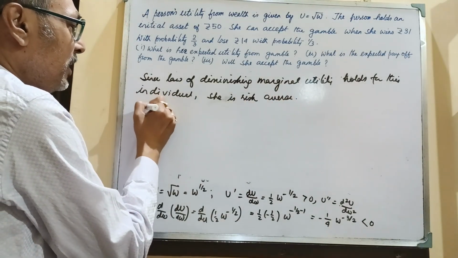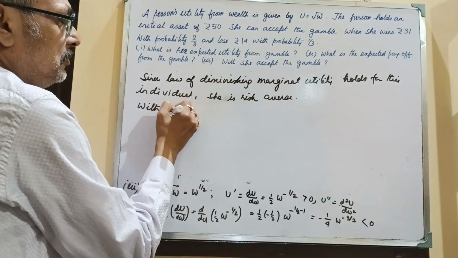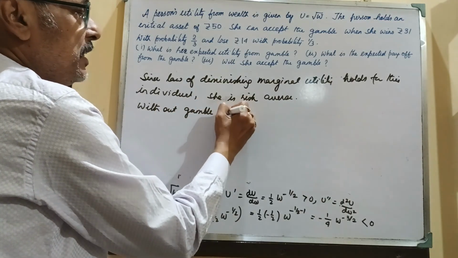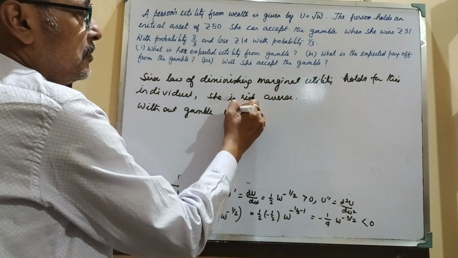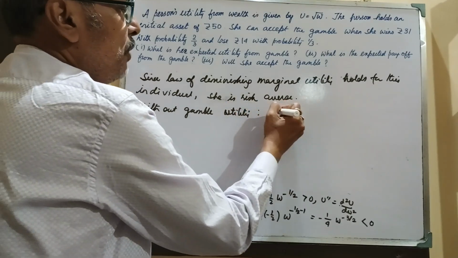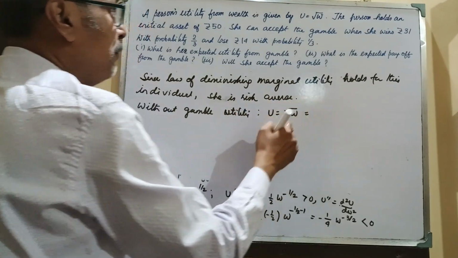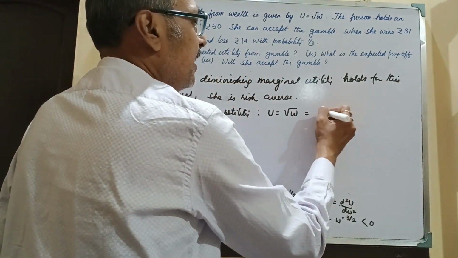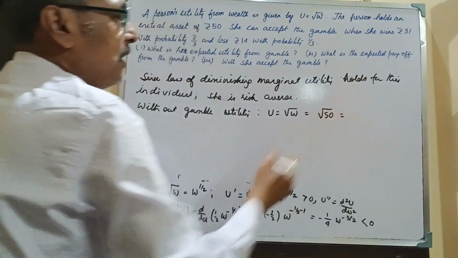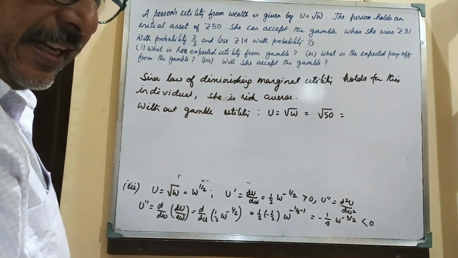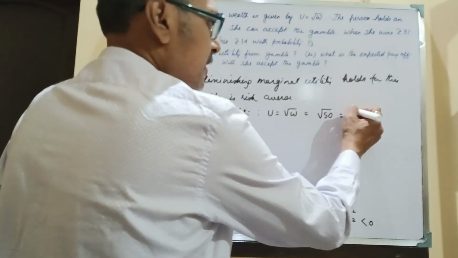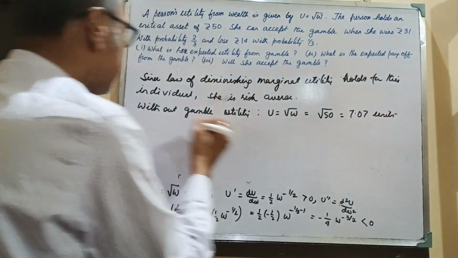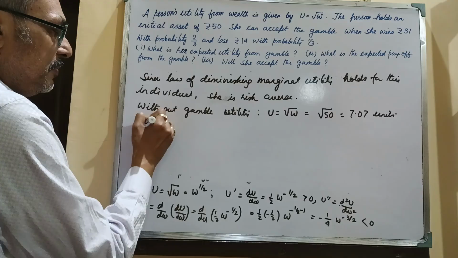Now, without the gamble, utility u equals under root w, and her initial wealth is rupees 50, that is under root 50. If we take the root of 50, it becomes 7.07 units.